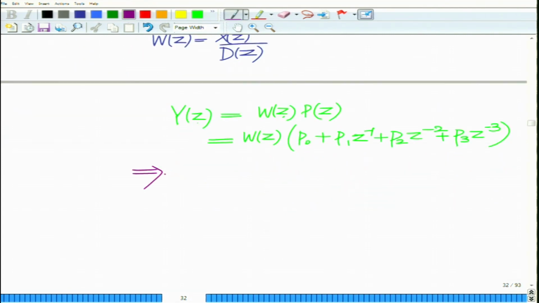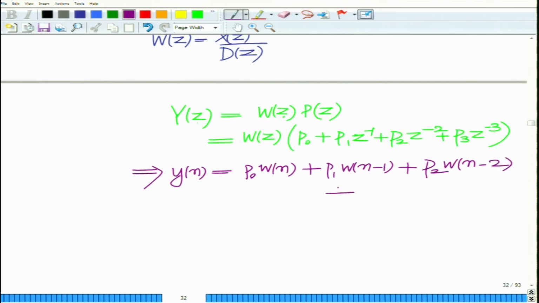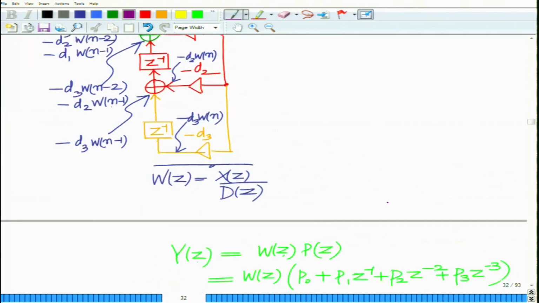This implies basically that y(n) equals p0 w(n) plus p1 w(n-1) plus p2 w(n-2) plus p3 w(n-3), and that is the forward path.